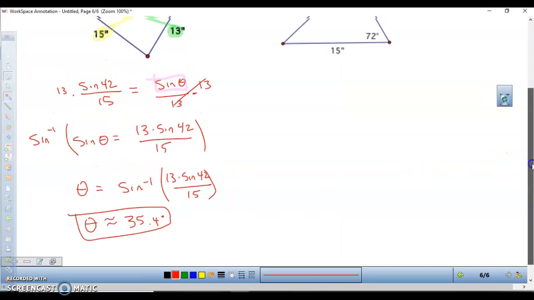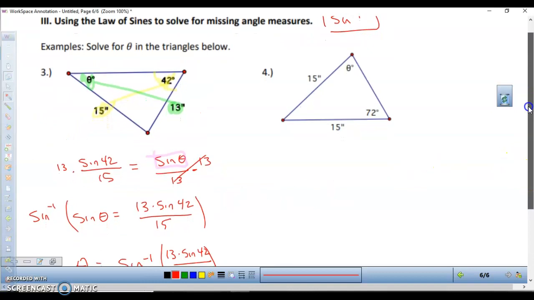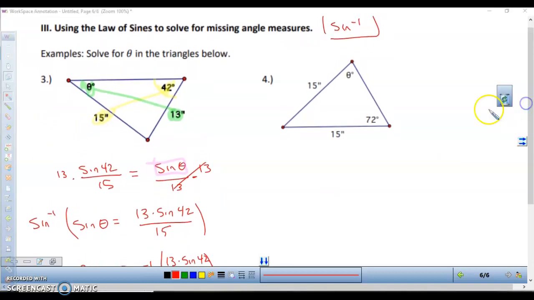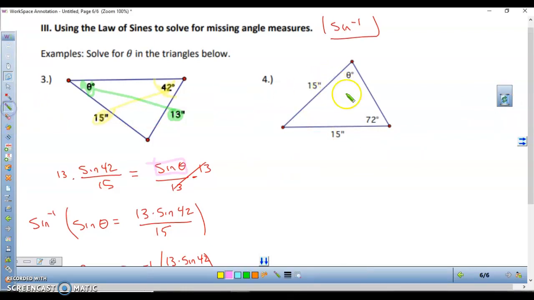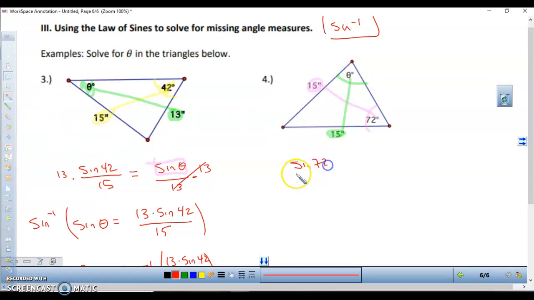All right, and the next example, similar thing. We'll work this out, then I'll point something out to you. So first thing, relationships. Angle, side across. Solving for angle, I know the side across. So I got that the sine of 72 degrees divided by 15 is equal to the sine of theta divided by 15.